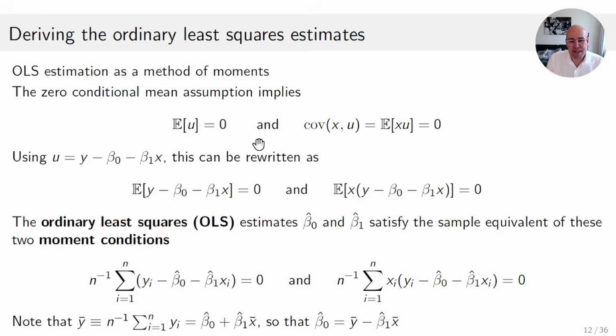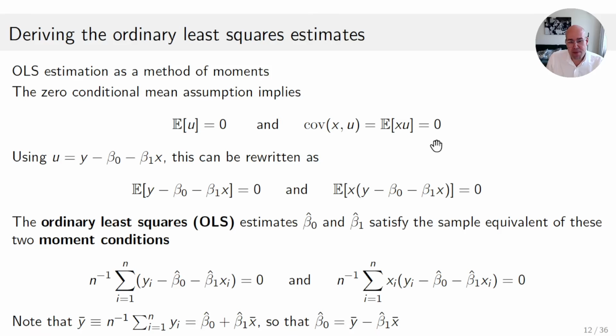And the second thing that is implied is that the covariance between x and u, which is given by the expectation of x times u minus the expectation of u, which is 0, and therefore it's not even appearing here, is equal to 0.